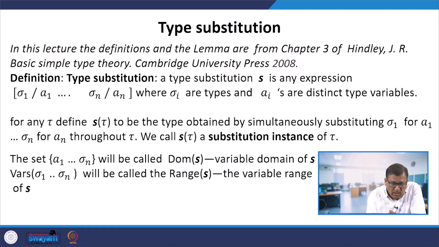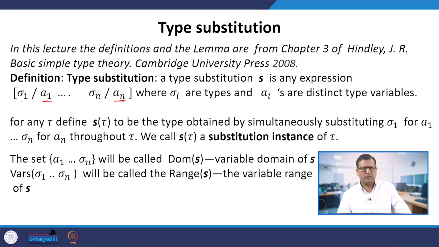So a1 to an, these are all type variables and these are types. So a1 is replaced with sigma 1, a2 is replaced with sigma 2 and so on, an is replaced with sigma n. This is the notation that we have just seen informally.